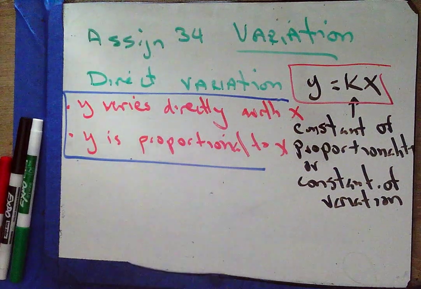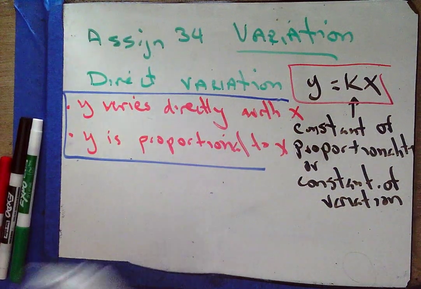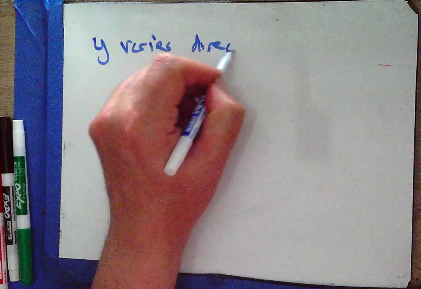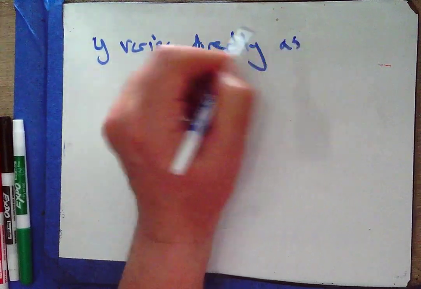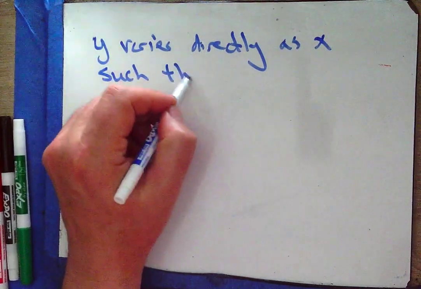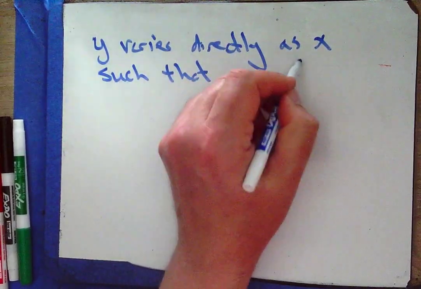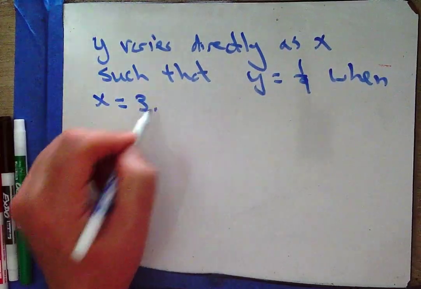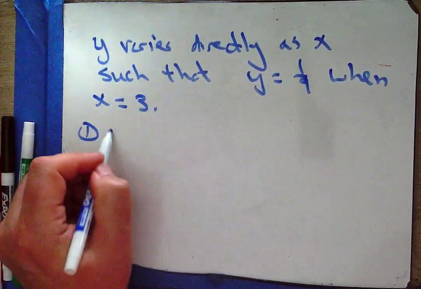The problems that we're going to run into, and that's why I want to erase this board and start a new board, the problems that we run into will sound like this. Y varies directly as x such that y equals 1/9 when x equals 3. 1.